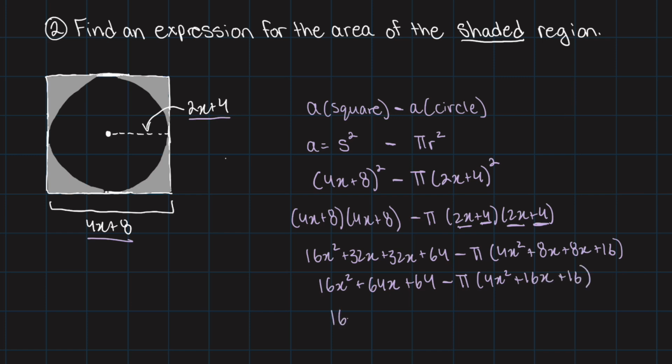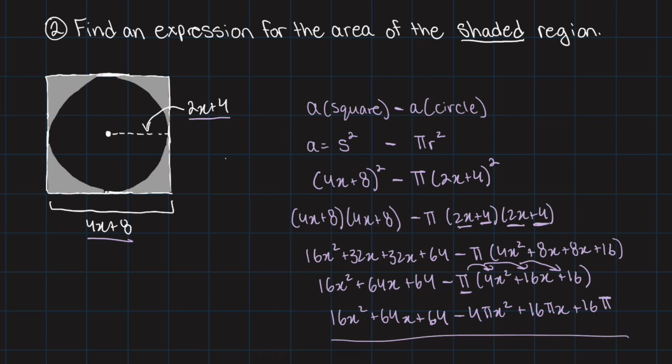So we have 16x squared plus 64x plus 64, and then that pi out here multiplies to every term inside. So then we have 4 pi x squared plus 16 pi x plus 16 pi. And then you can just put in the value of pi to calculate it, but if you're not allowed calculators, this will be your final answer.